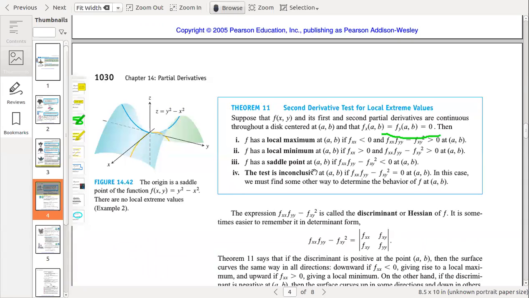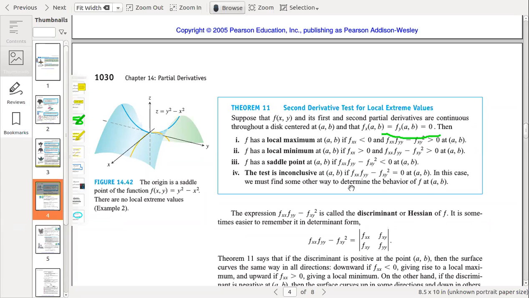Three, f has a saddle point at (a,b) if this inequality is satisfied at (a,b). So you have to remember this inequality. And the fourth is that the test is inconclusive at (a,b) if this inequality doesn't hold but is an equality. The left hand side is the same and the right hand side is the same, but the sign is equal.